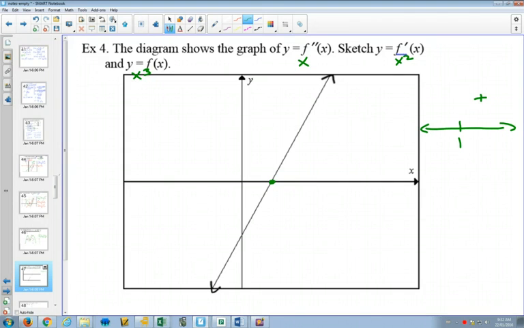Before 1, our second derivative is negative. So what does that mean? Well, second derivatives tell us where things are concave up and concave down. So we know that our original graph is concave down there, concave up after.